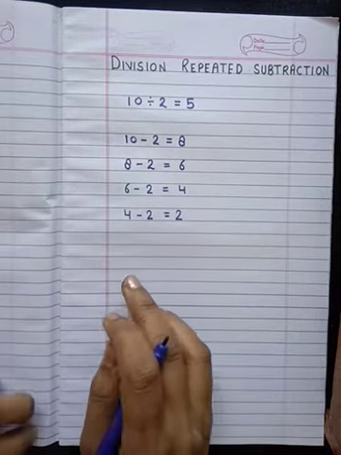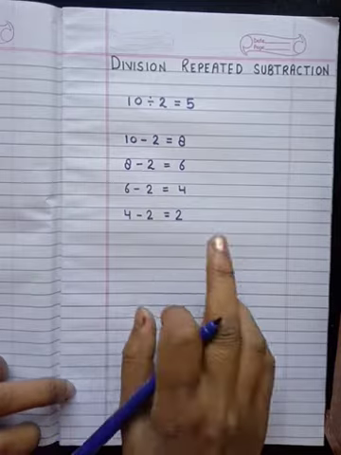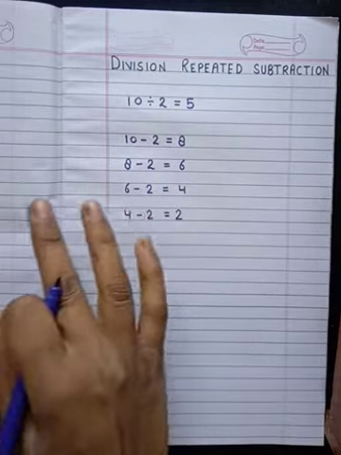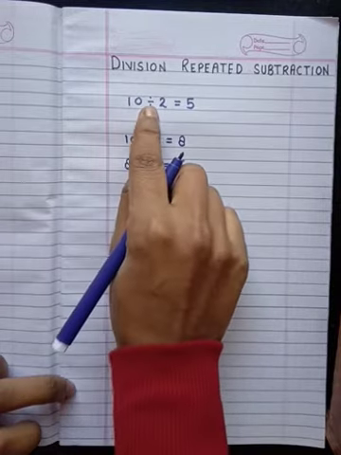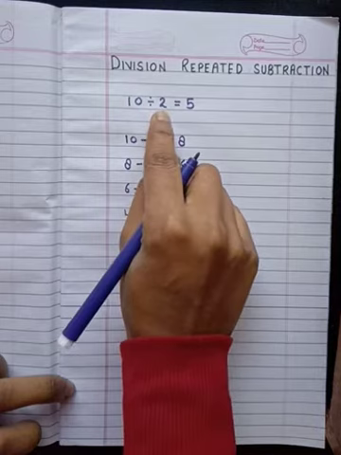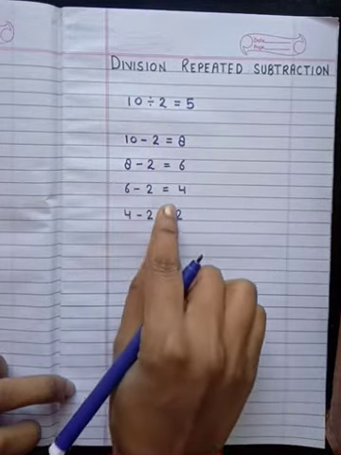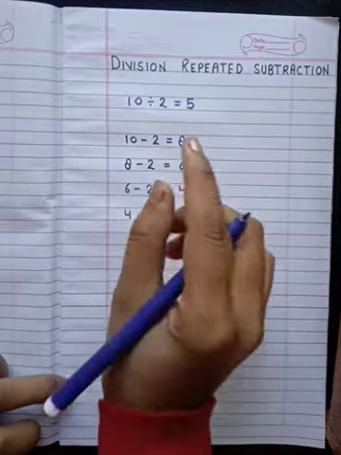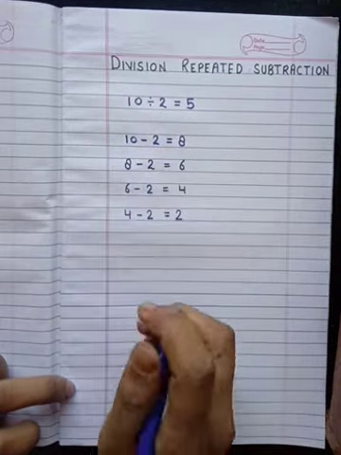Okay, beta. Now listen, students, you have to do it until you get 0 or a number lesser than this divisor. Okay, this is the divisor. Let's see.